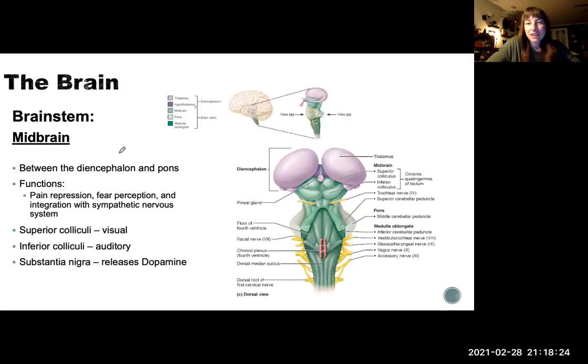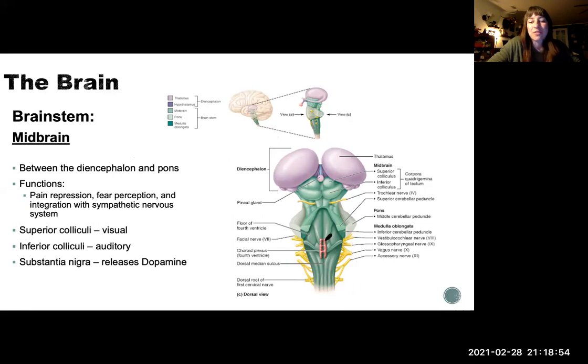Okay, so that's the diencephalon, right? Thalamus, hypothalamus, and epithalamus. Moving on to the midbrain or the brainstem. Okay, so the brainstem, you may have heard it called your lizard brain or your reptilian brain. This is the part of the brain that has basically been conserved in animals since the common ancestor of reptiles.